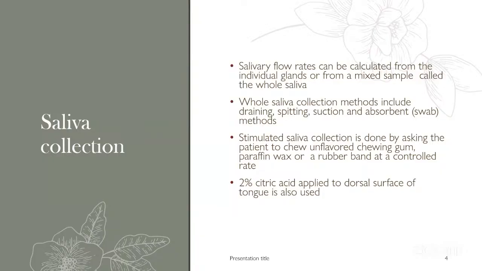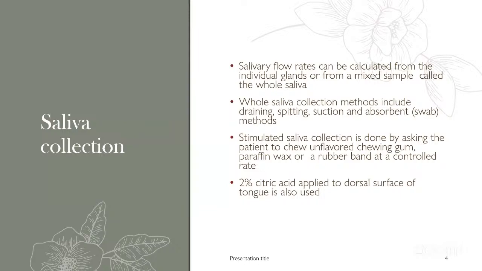And so the salivary flow rates can be calculated either from the individual glands or from the mixed sample. So either the whole saliva can be collected or the individual gland saliva can be collected. Similarly, you have stimulated saliva collection and unstimulated saliva collection.